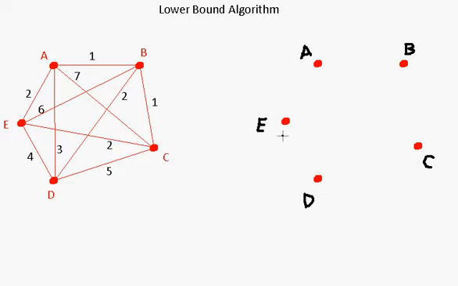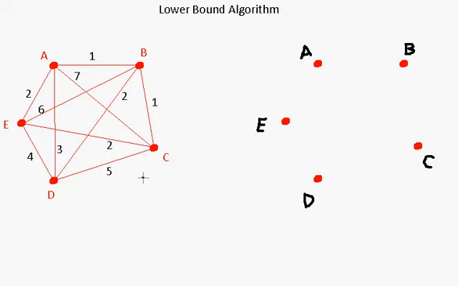Let's see what we get. For the minimum spanning tree, of course, we've got 2 methods for that. We've either got Kruskal's or we've got Prim's. In this example, I think I'll use Kruskal's.